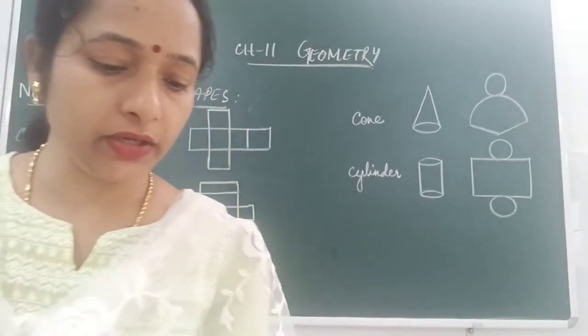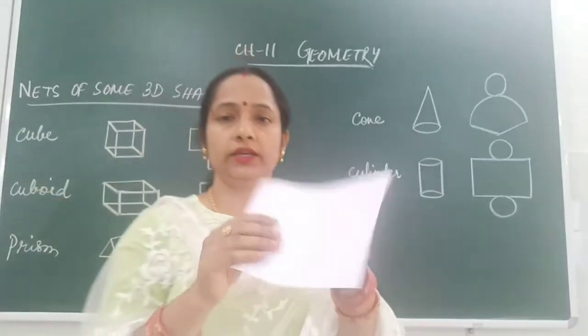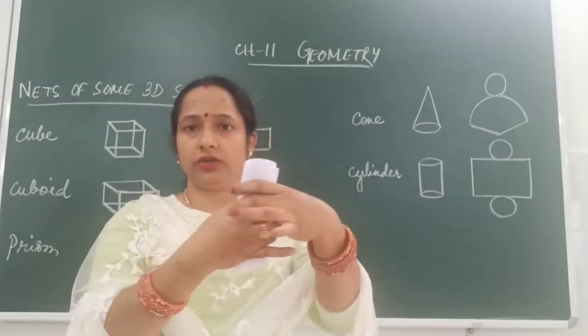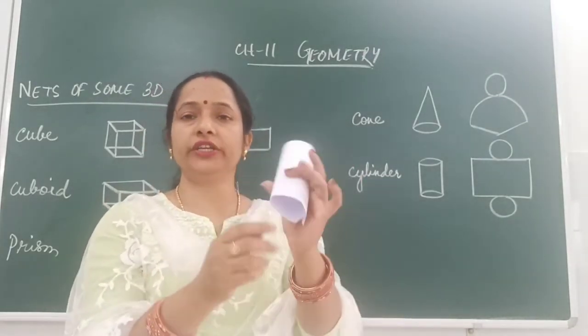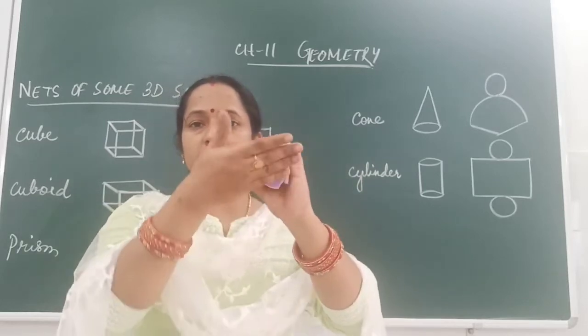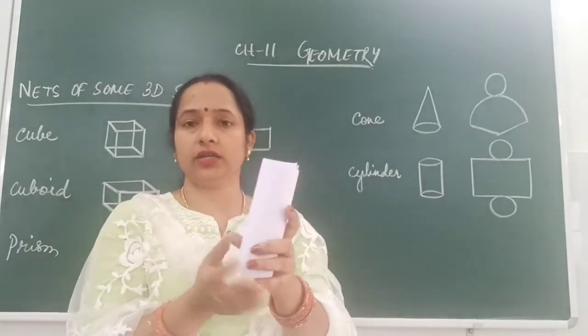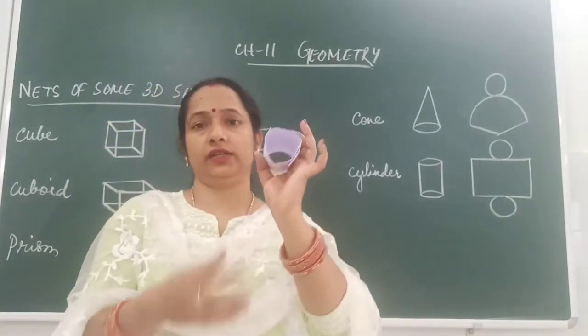Similarly, if you take any cylindrical box, let me show you. Here you can see I have a cylindrical shape. We'll call it a hollow cylinder because it's not closed on both sides and it's also empty. Here both the edges are circular.